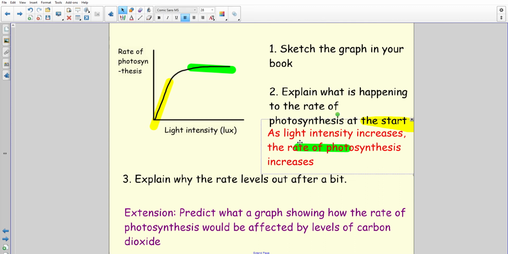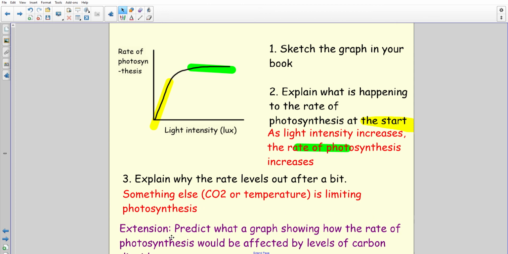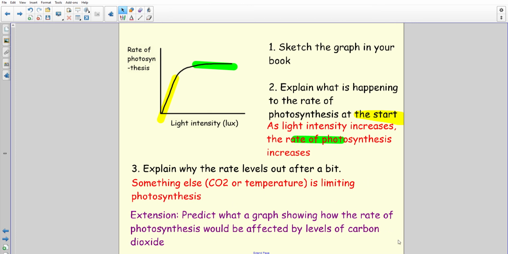What happens after a while is that something else, either carbon dioxide or temperature, is limiting photosynthesis. So some other factor, one of the other things that affects photosynthesis, is now the thing that's stopping it from happening any faster.